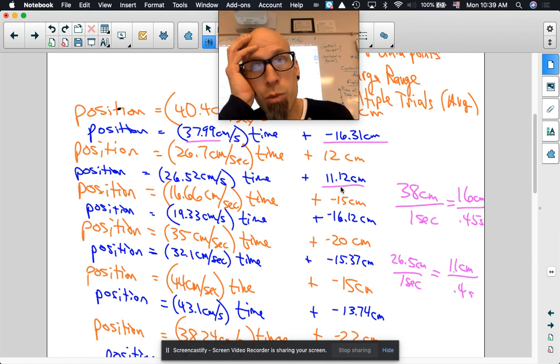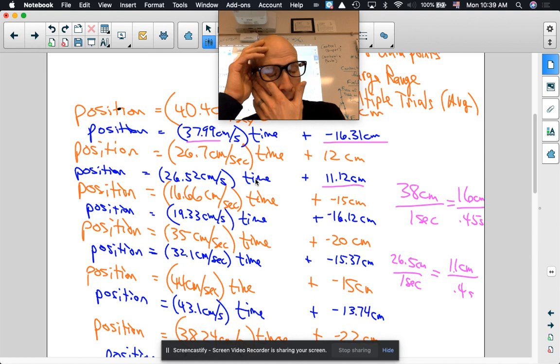And the phrase was, hopefully you can look back in your comp book and see it. The y-intercept is the value of the y variable when the x variable is 0. So it's the value of the position when the time is 0.